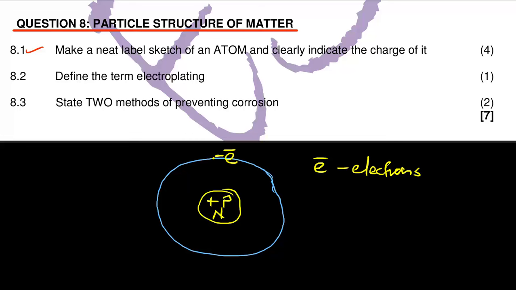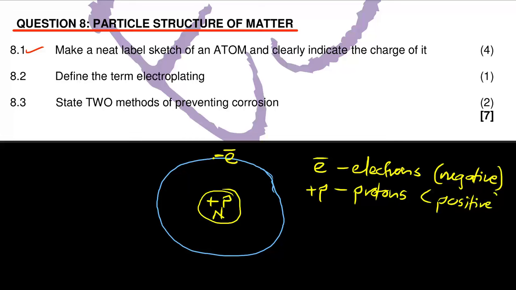You put a negative sign there. You just want to ensure you get all your marks. And then P represents protons, and they are positive, and N represents neutrons, and they are neutral.